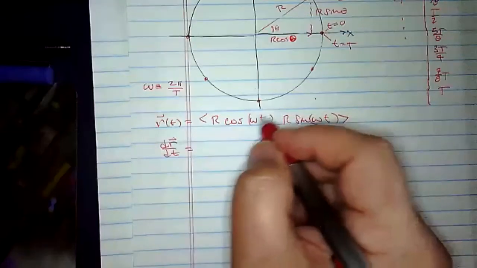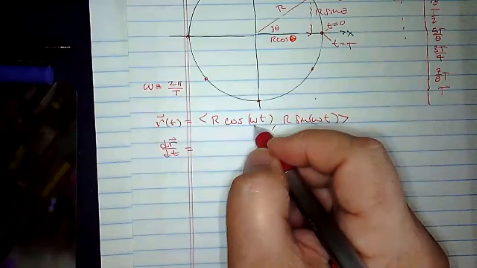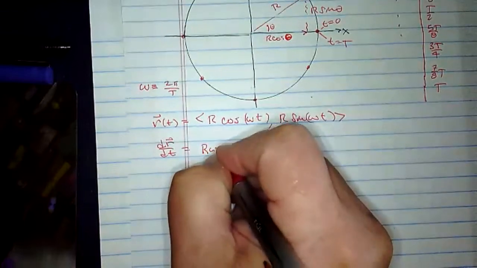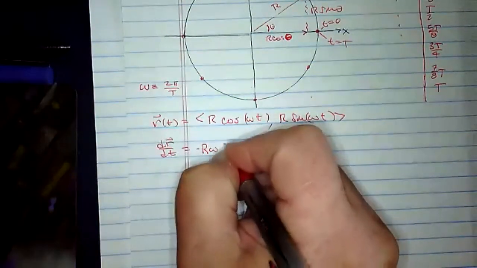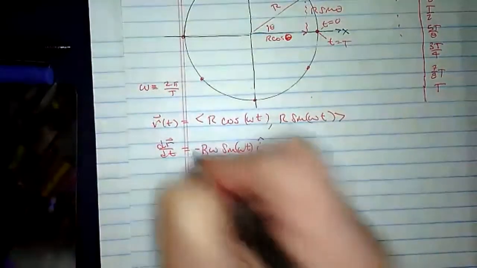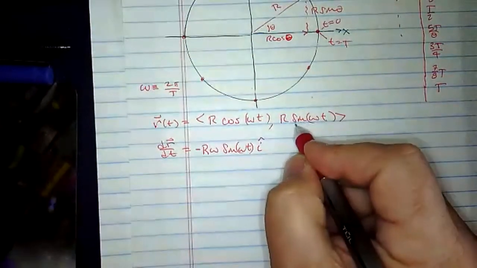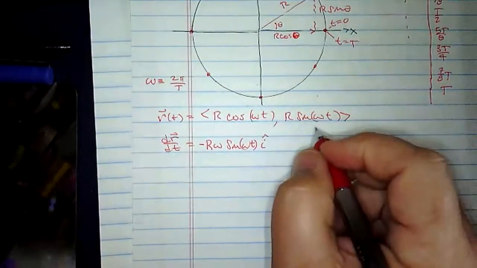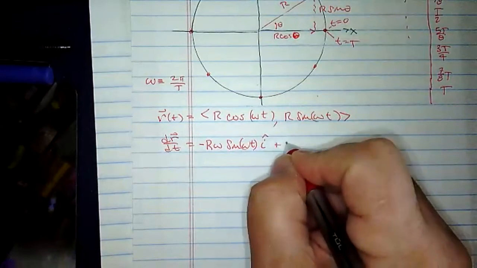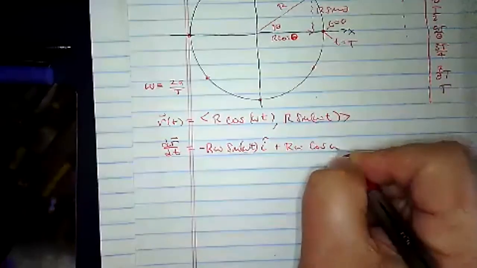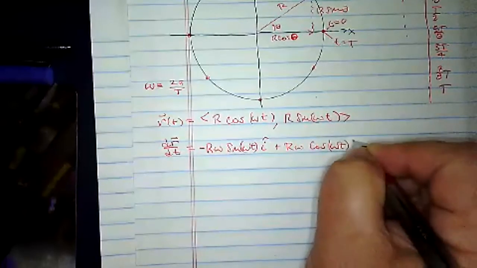Now I have to take the derivative of that quantity, omega t, with respect to t, and that's just omega. So this is R omega, negative sine omega t. And for this one, of course, the derivative of sine is cosine, and then the derivative of omega t is omega. So this is plus R omega cosine omega t, and that's the j hat.